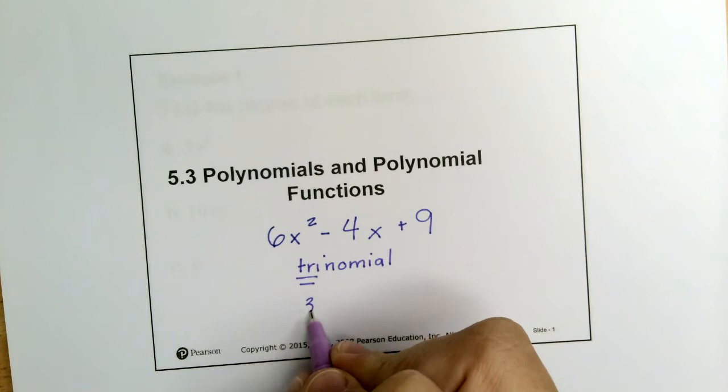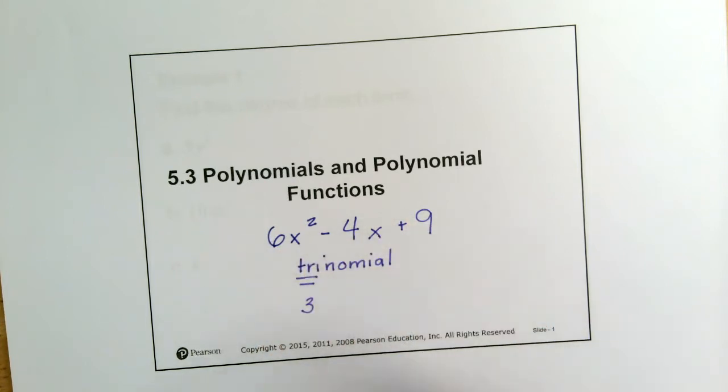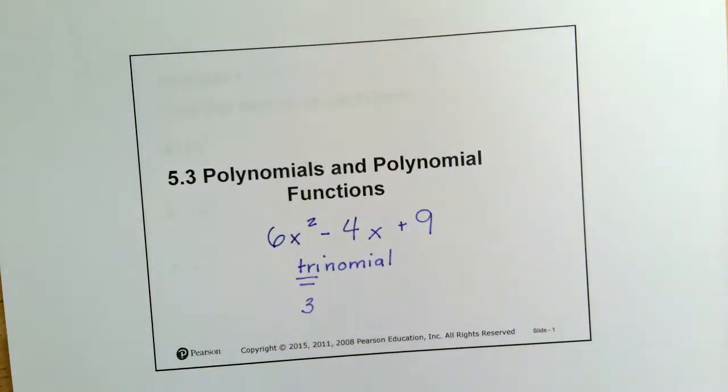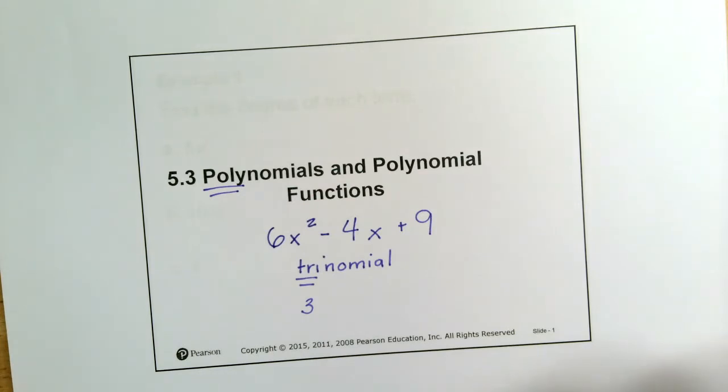Tri means 3. Because this has 3 different parts, and we divide them right at those plus and minus signs, we can call it a trinomial, or we can call it a polynomial. Poly just means more than one, many. So this is a trinomial. This is also a polynomial.